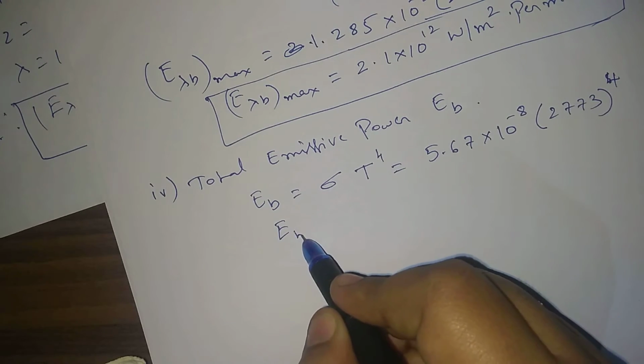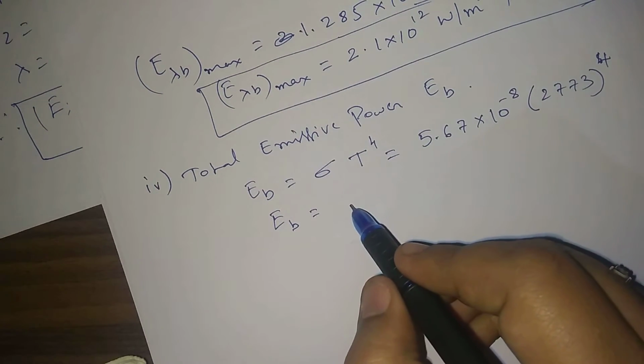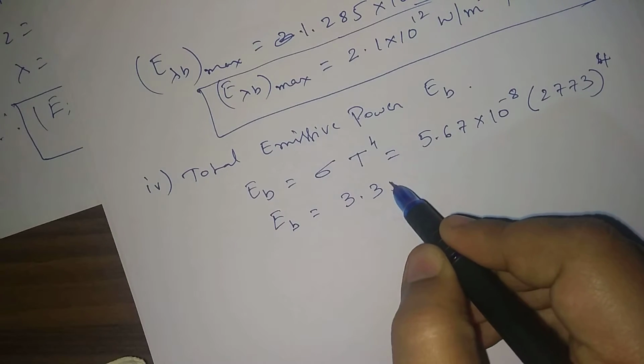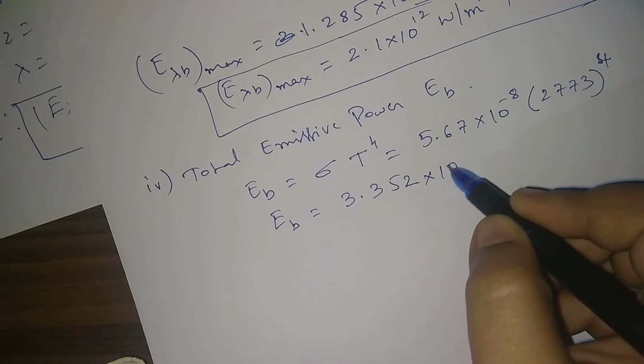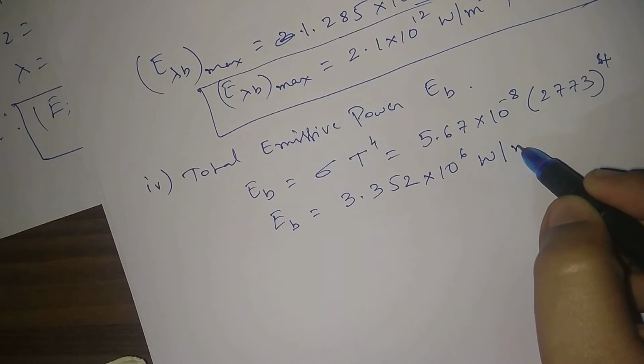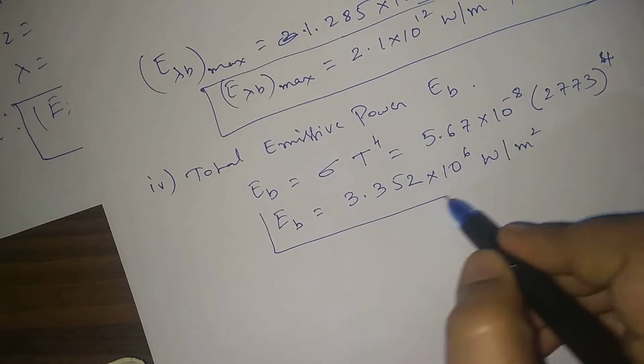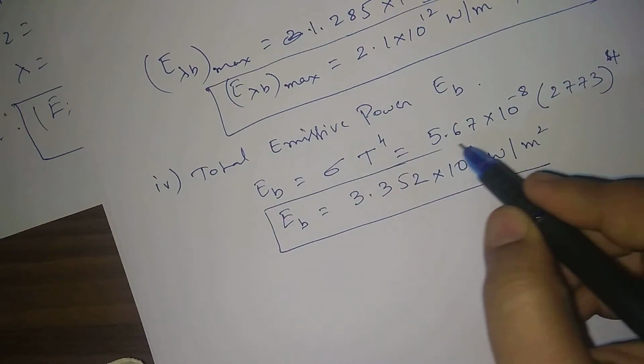So EB is equal to 3.352 into 10 to the power of 6 watt per meter square, considering that epsilon equal to 1, that is considering the body is black.